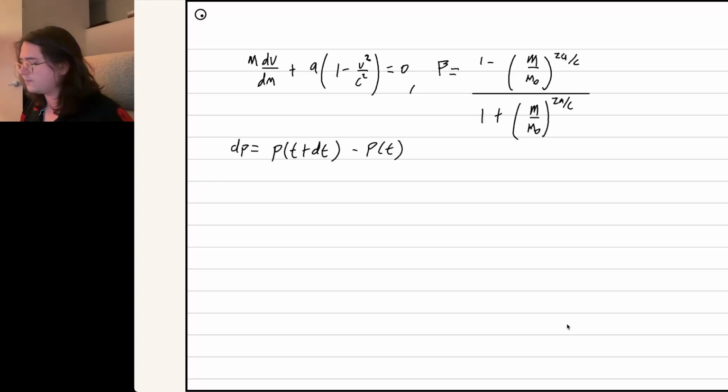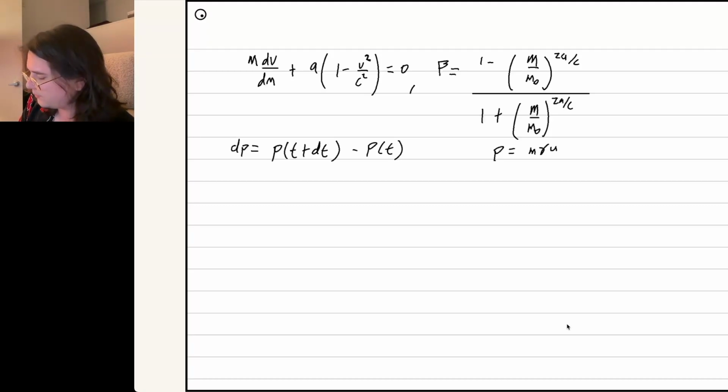In special relativity, the scalar version of momentum is just given by m gamma u. But there's a lot more at play here because we're also considering the momentum of the exhaust particles. So let me write out what the whole differential is going to be.